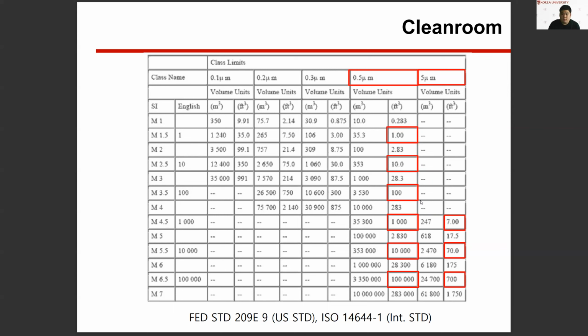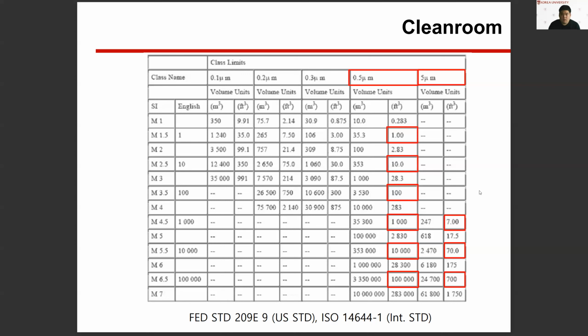For example, if there are 100 particles of 0.5 micrometers in 1 square foot of a room, this is called class 100.